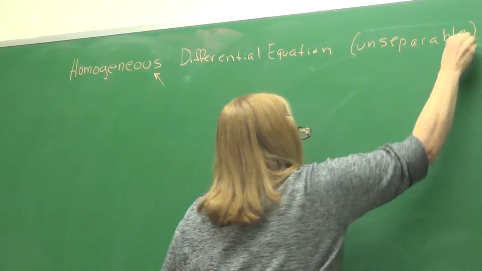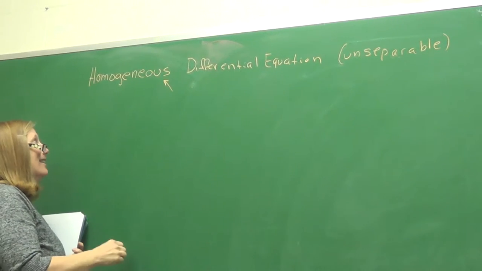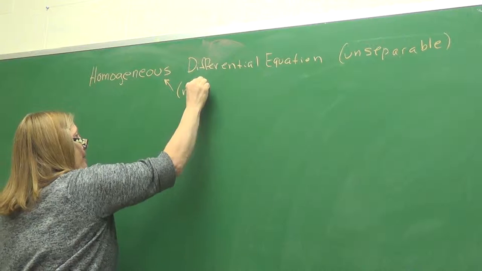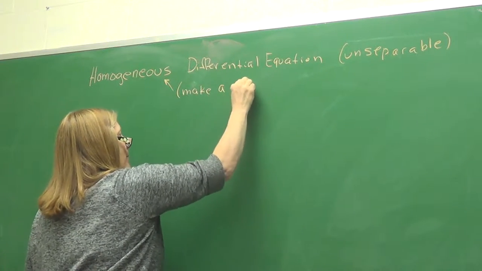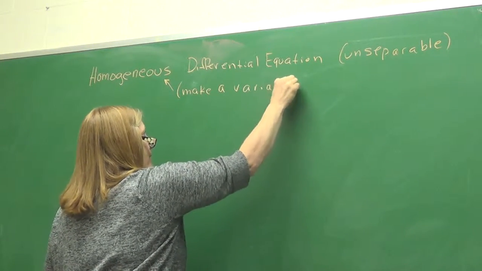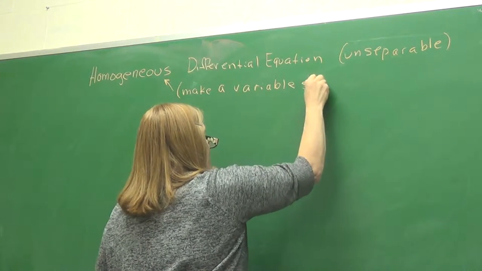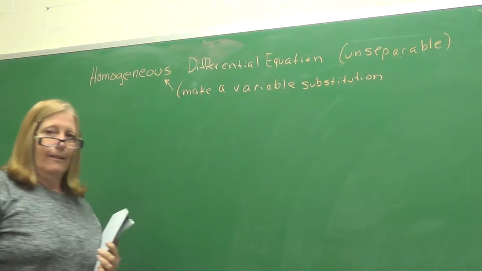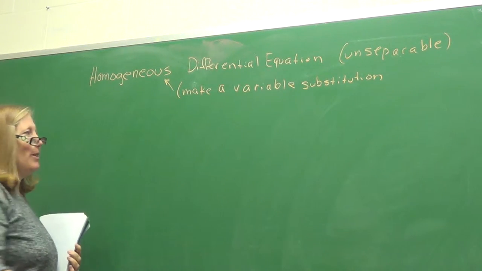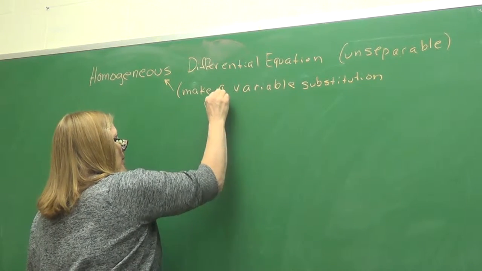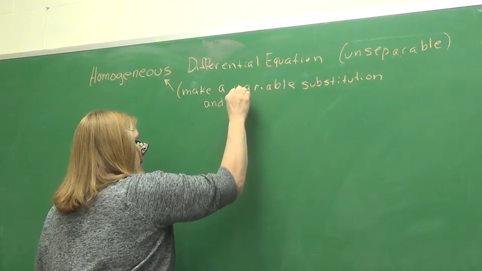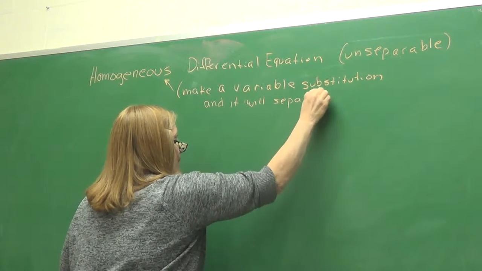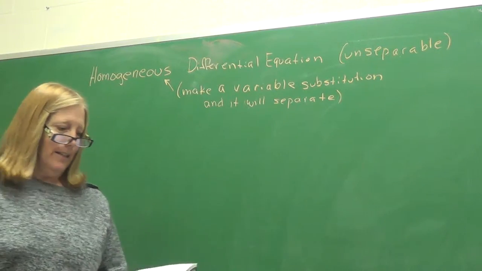But when it's homogeneous, you can make a substitution. We'll call it a variable substitution. Make a variable substitution and it will be separable. It will separate.